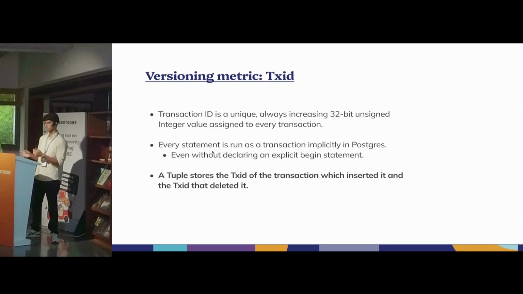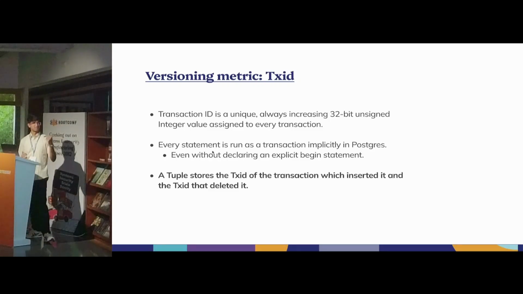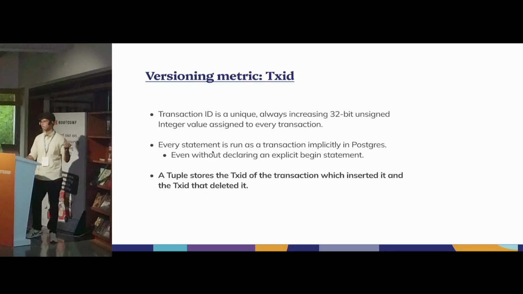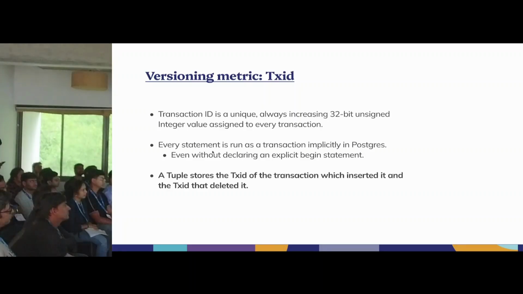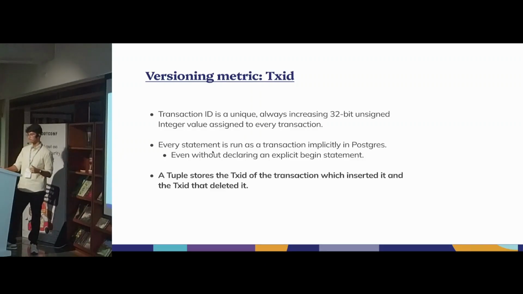Implicitly, all statements are run as a transaction, and all transactions are associated with a transaction ID. This transaction ID is an always increasing integer value, and it is always unique to every transaction. So if you have transaction 1, the next transaction is always going to have an incremented value, that is 2, and then 3, 4, 5, and it goes on. And this is the data that Postgres stores per tuple. A tuple stores which transaction has inserted it and which transaction has deleted it, right?